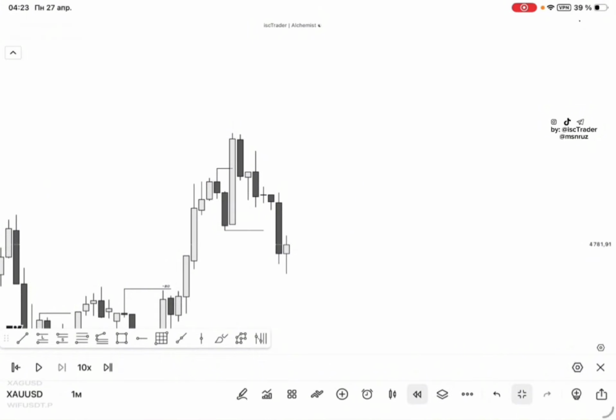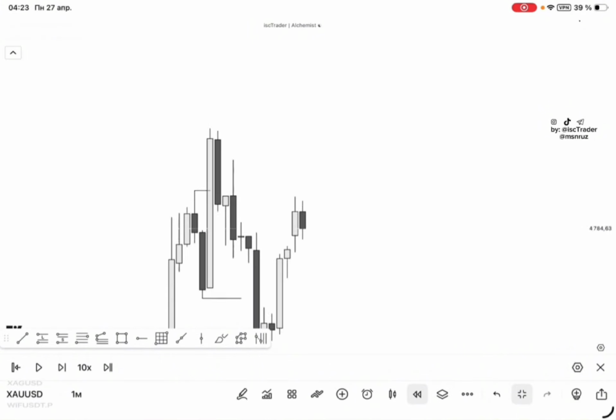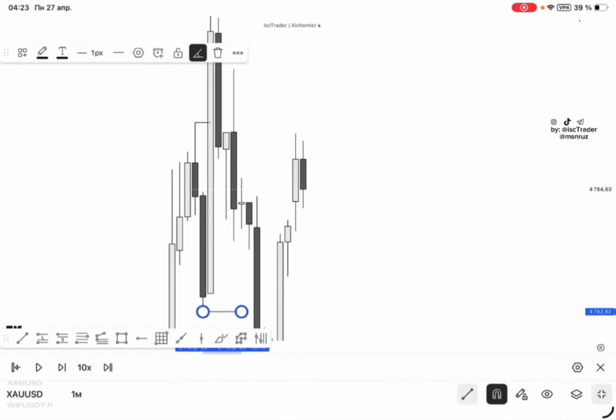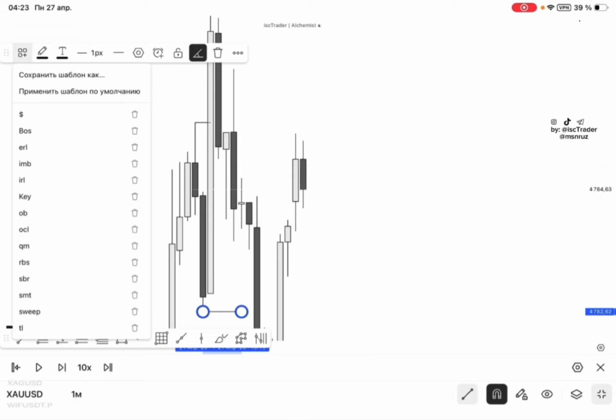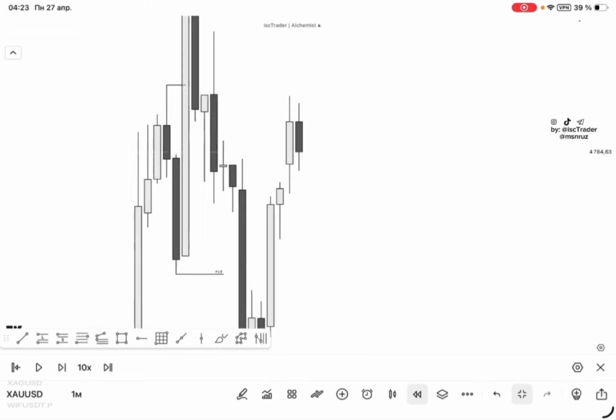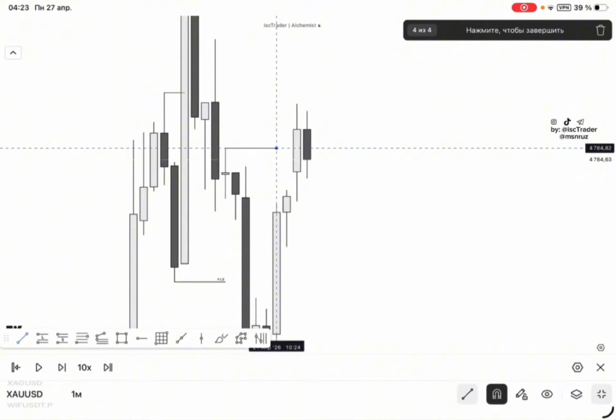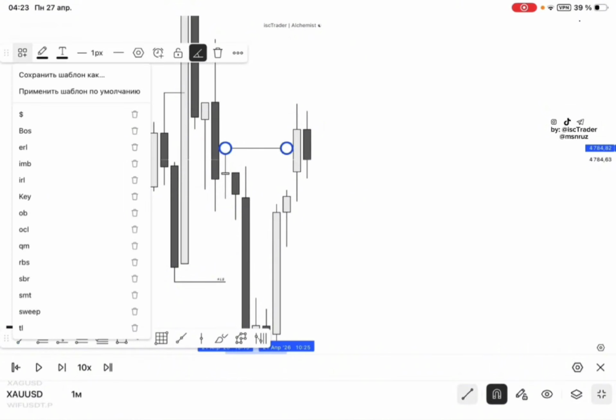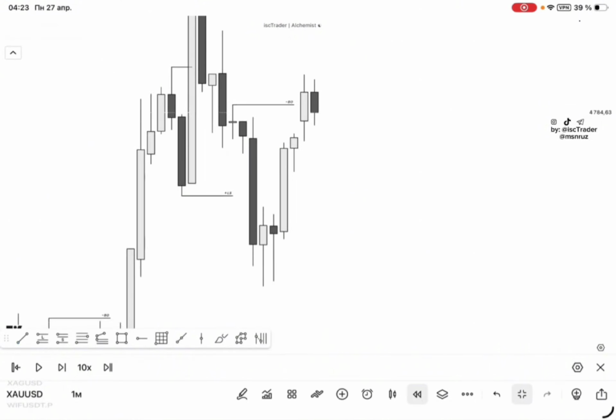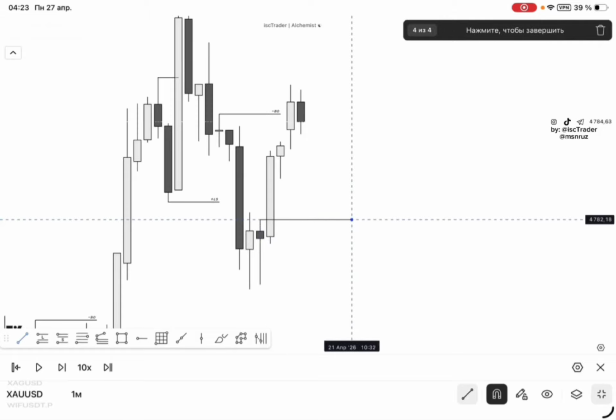Inducement, and breakout, and key level order block.